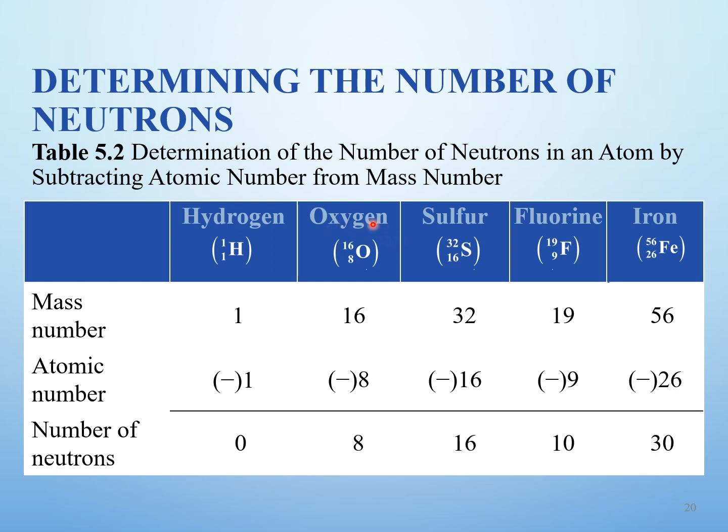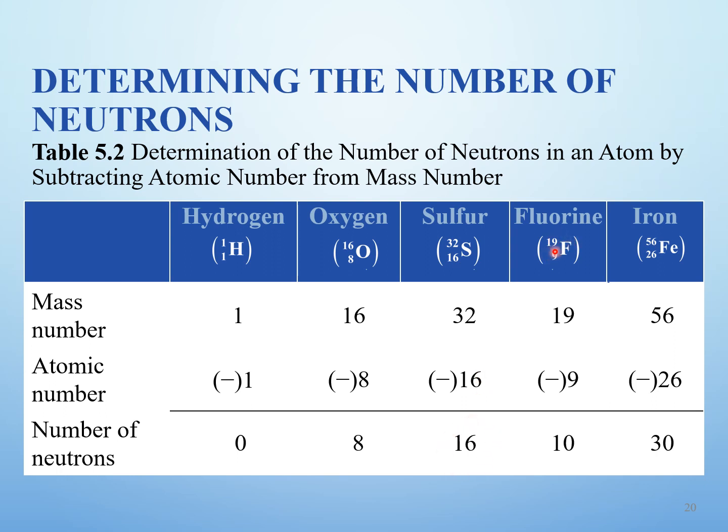And then if you have oxygen, the number of protons is 8, and then you have 16 as the mass number. So 16 minus 8 will give you the number of neutrons, which is 8. If it's sulfur, it's 32 mass number minus 16 atomic number. That means number of protons and neutrons minus number of protons will give me the number of neutrons.